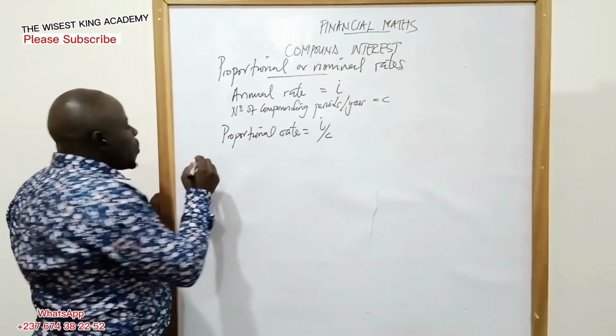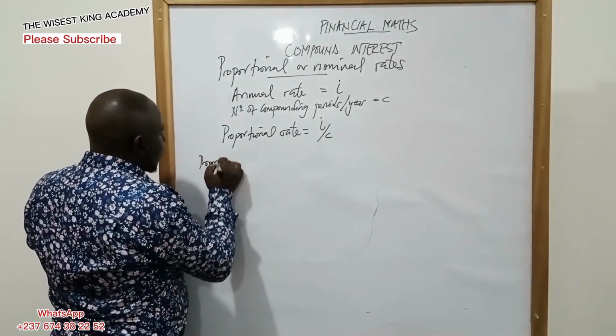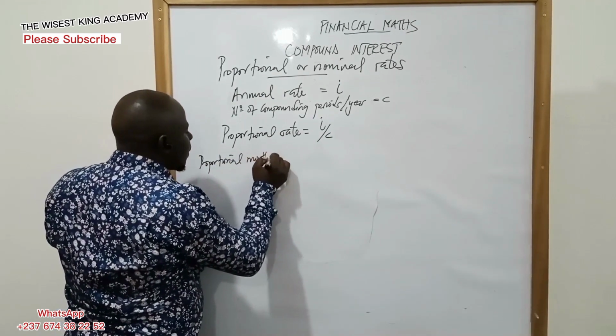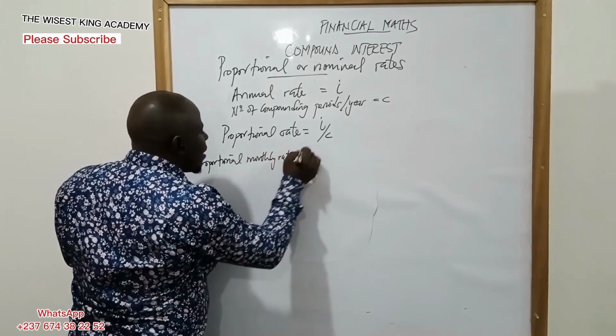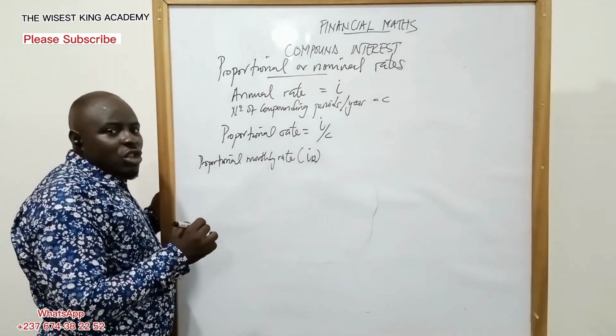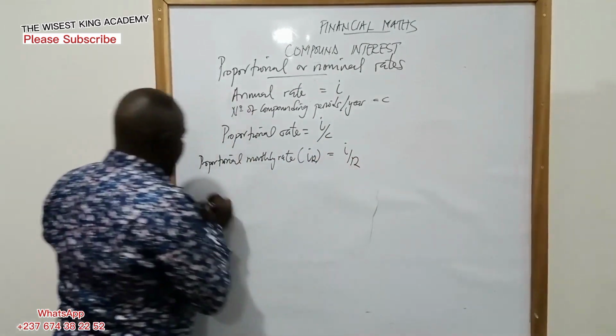So the proportional monthly rate, I'll call it I12 because compounding is done 12 times per year, is going to be I divided by 12.